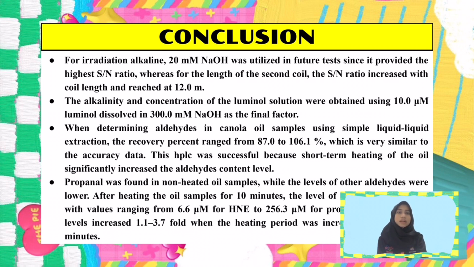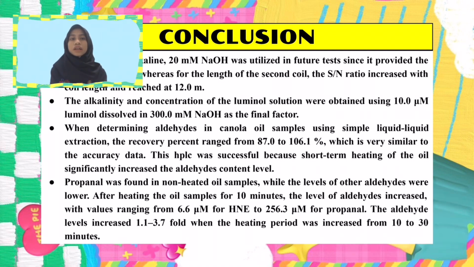To conclude, when determining aldehydes in canola oil samples using simple liquid-liquid extraction, the recovery percent ranged from 87 to 106.1%, which is very similar to the accuracy data, implying that this HPLC method was successful, because short-term heating of the oil significantly increased the aldehyde content level.